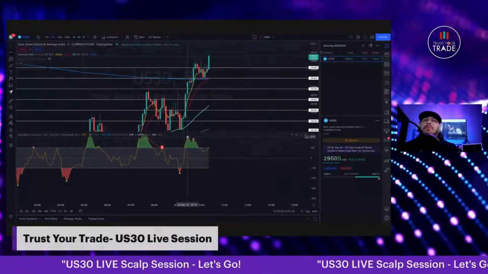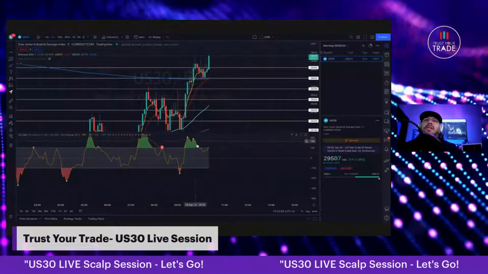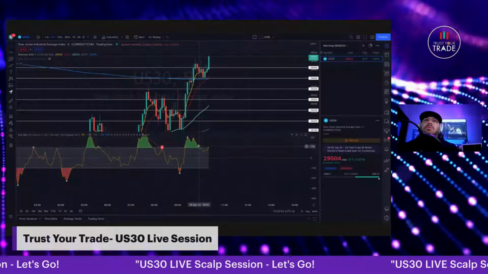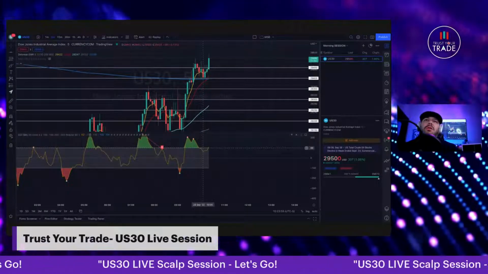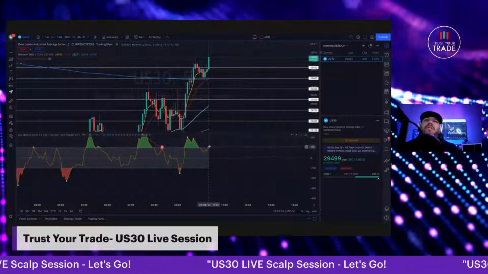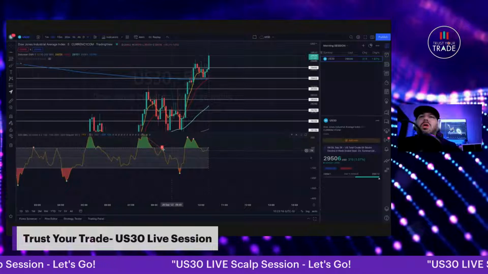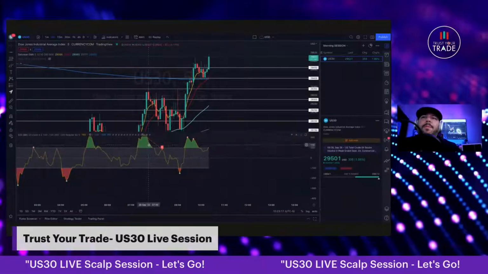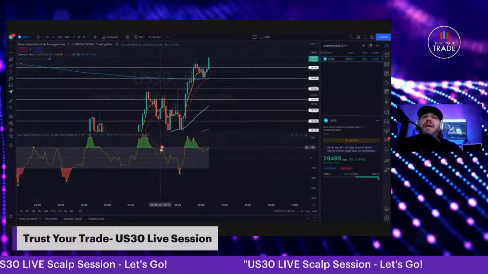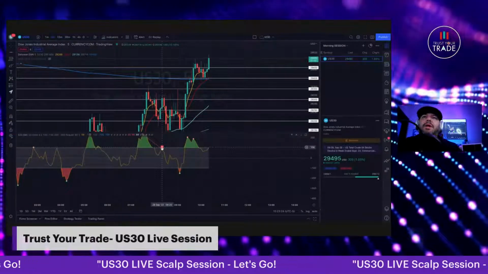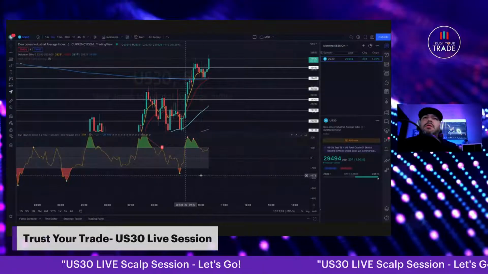She was overbought, then she fell back down, came to that 29,400 area, and now she's approaching the overbought area again. You can see that happened here as well. Overbought, came down, respected that overbought area, and then she fell.